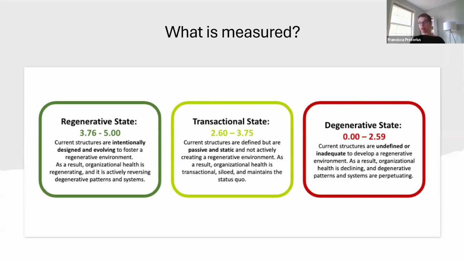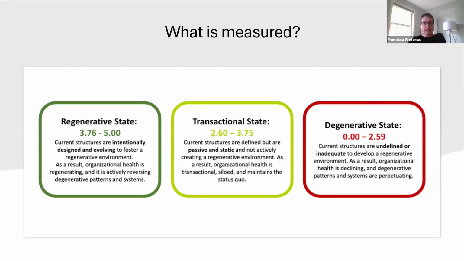The first is regenerative. Here we believe that things are intentionally designed and evolving to foster a really living systems approach in your organization. Transactional: many organizations are in a transactional state. I think this is where you would fall if you manage in a mechanistic way, but still with some compassion.